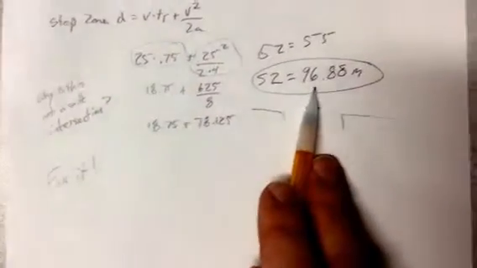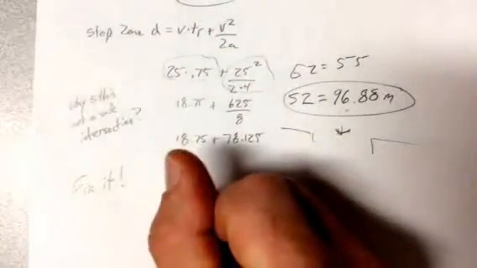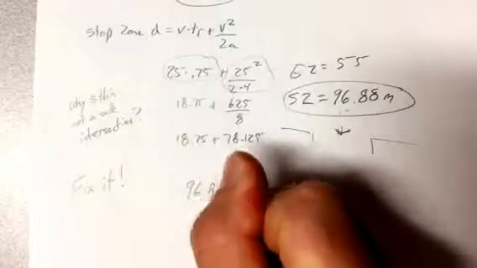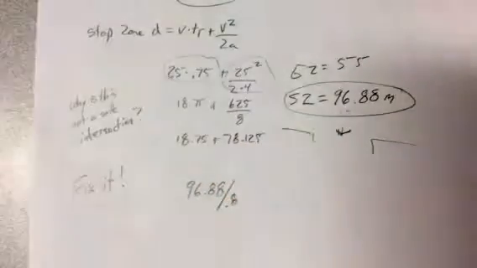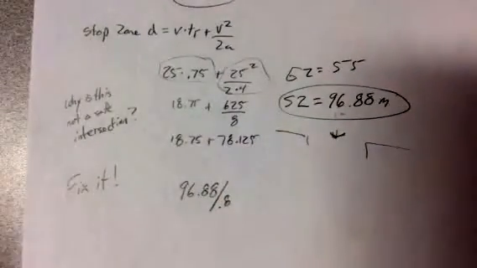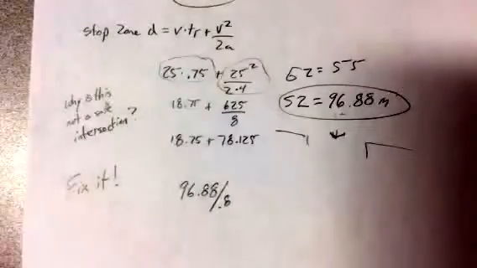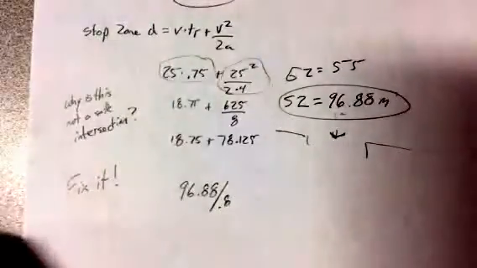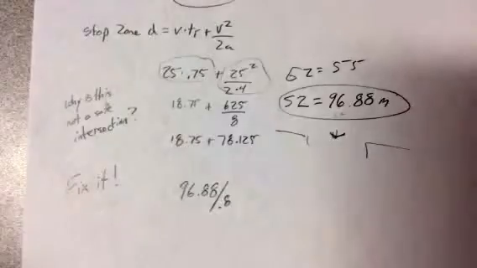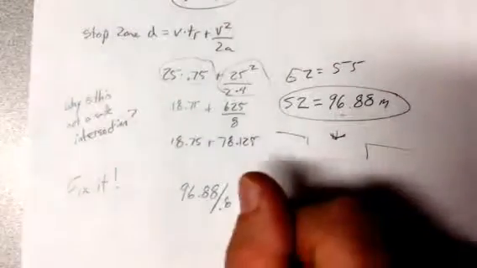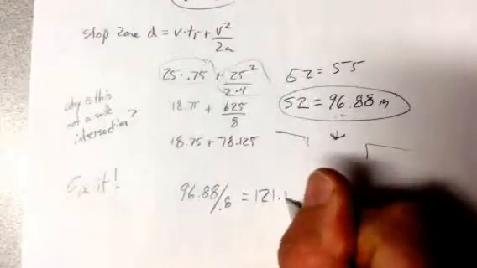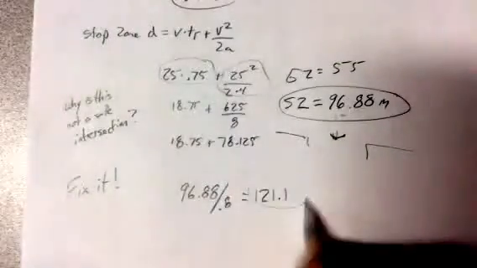My stop zone is 96.88. 96.88 divided by 0.8. And I should get a number bigger than 96.88. Divided by 0.8, and I get 121.1. That would be the size of my new go zone.